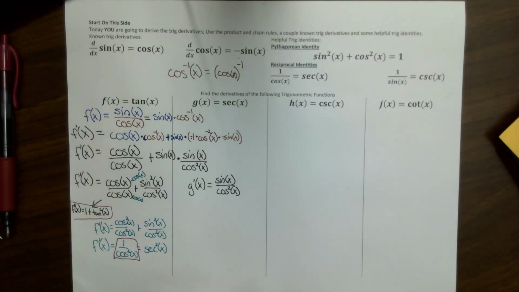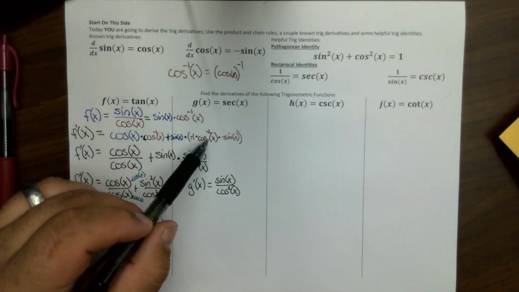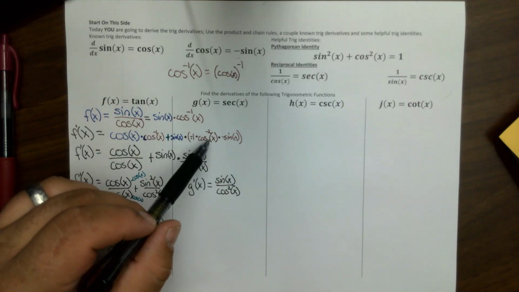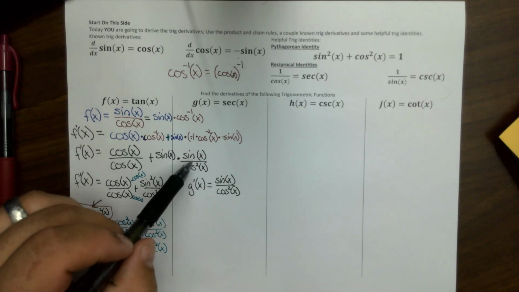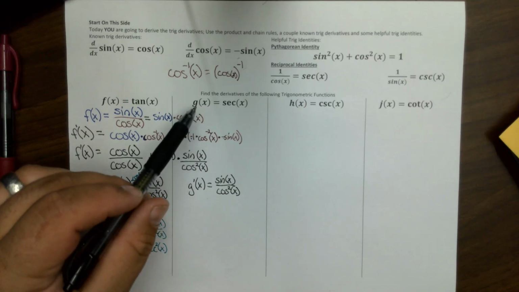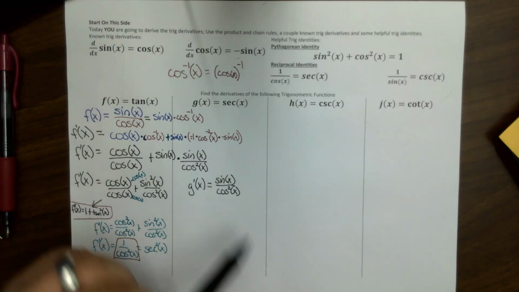You can pause me now, and you can talk with each other and ask, what the heck is Mr. Evans talking about? Hopefully, somebody tells you cosine to the negative 1 gets you this derivative with chain rule. This we simplified to that. That means that our g prime would be sine over cosine squared.